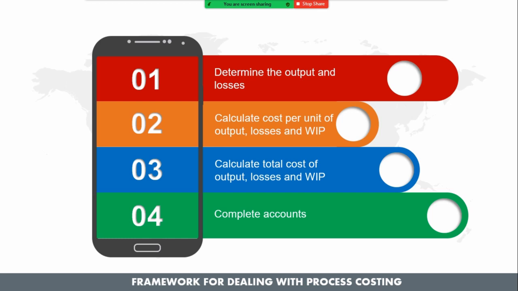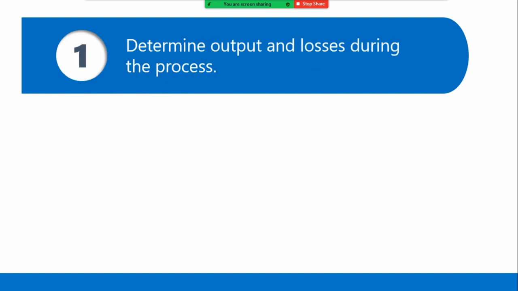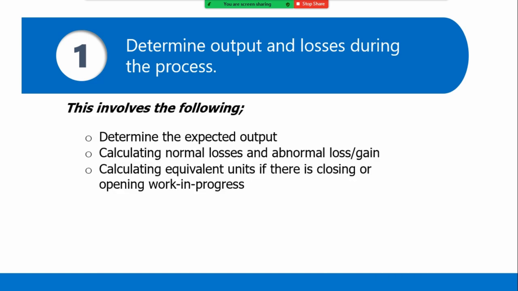Very, very important framework. So in step number 1, of course, as I've mentioned, we determine the output and losses during the process, and this is going to involve determining the expected output. What is the expected output? It involves calculating the normal losses and abnormal loss or gain.